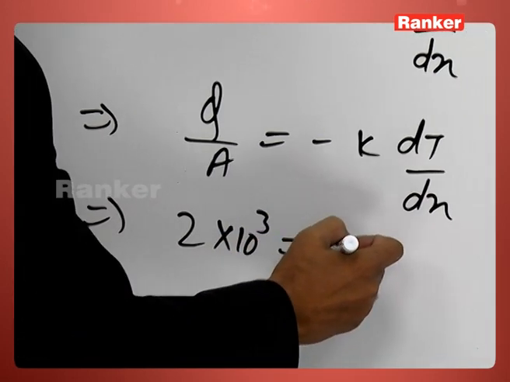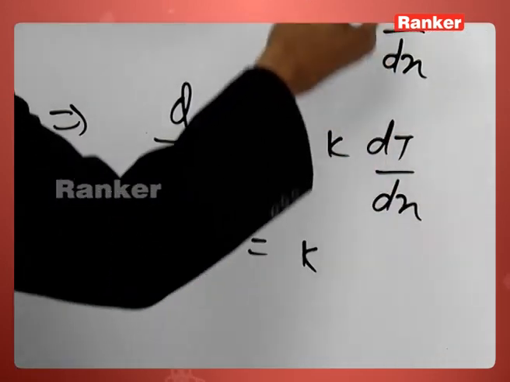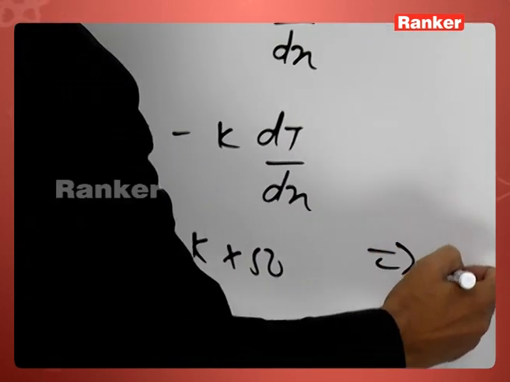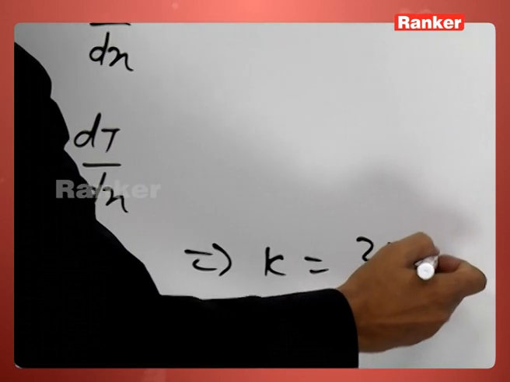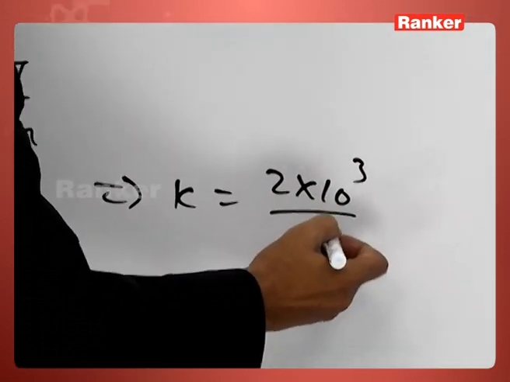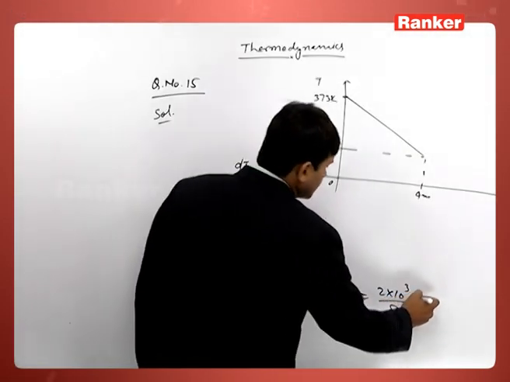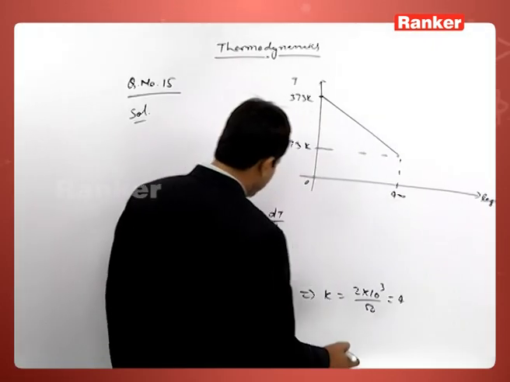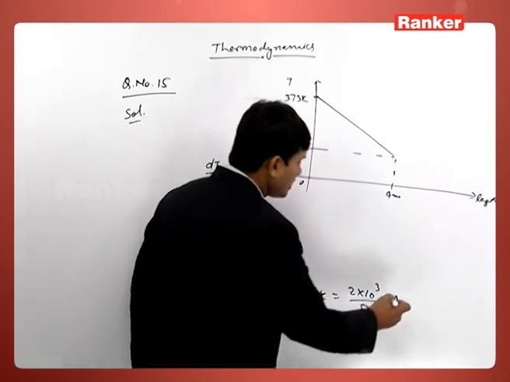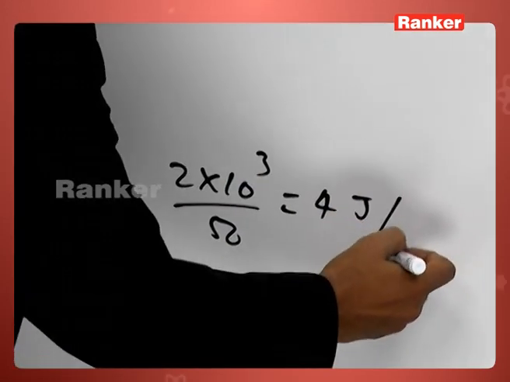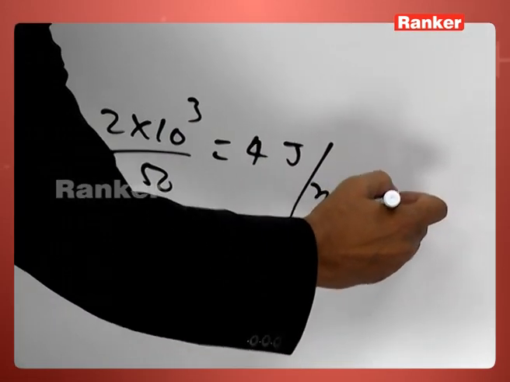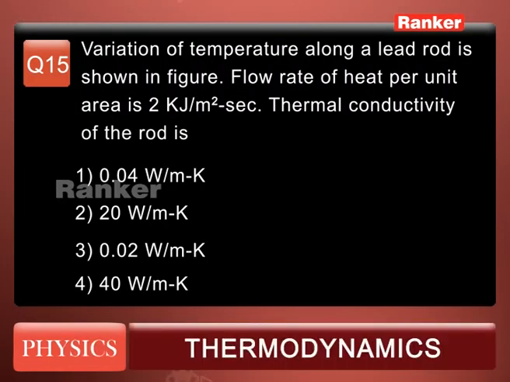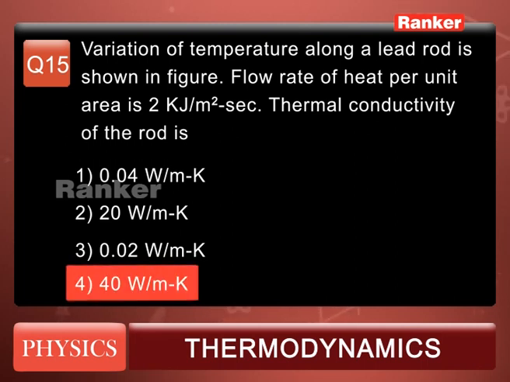So minus K dT by dx is 50. So K is 2 into 10 power 3 by 50. So this is 200 by 5, which is 40 joule per meter per second Kelvin. So our correct option is option number 4.